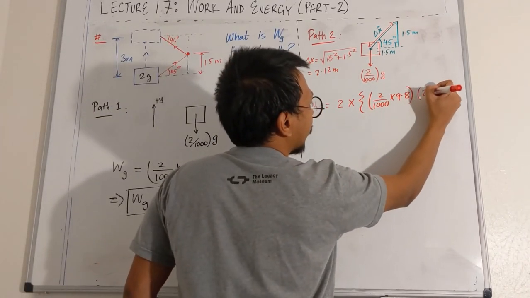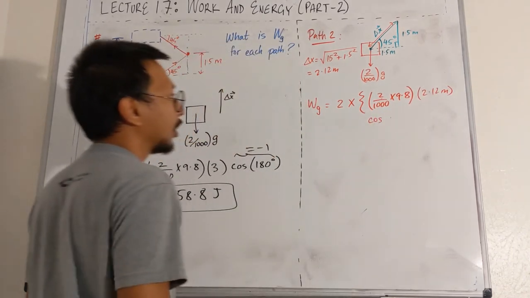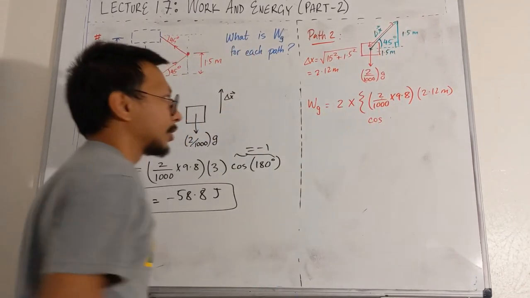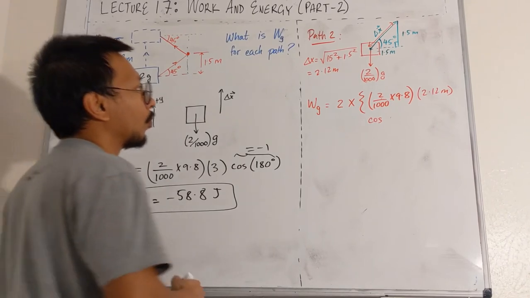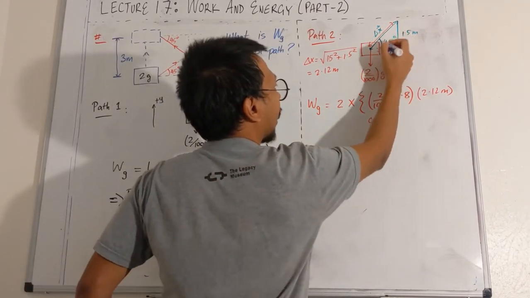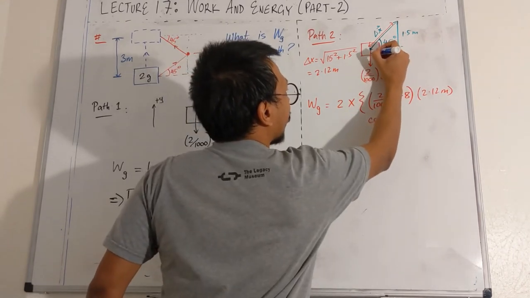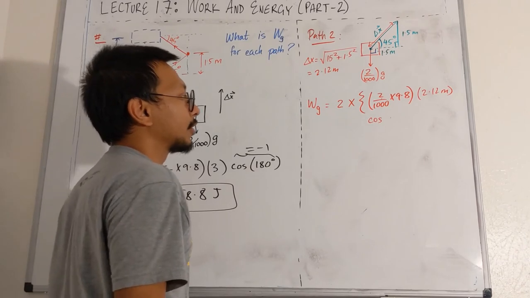So we have the distance to be 2.12 meters, and the cosine of the angle between the force and this displacement. What is this angle? Well, we know this much is 45. The angle between the displacement and the horizontal is 45, and we know that the angle between the force and the horizontal is 90 degrees.